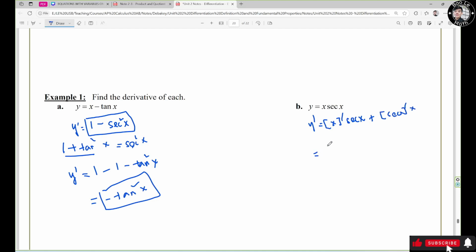So it's going to be secant x plus secant x tangent x times x. I put x in the front so that we're not going to confuse these two. So you can factor a secant x out, and it's going to be secant x times 1 plus x tangent x, right?